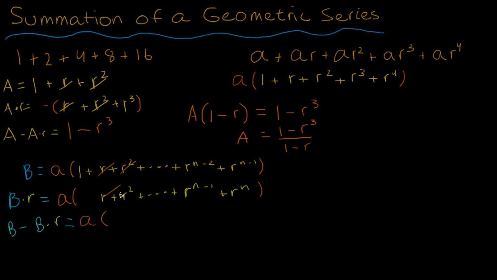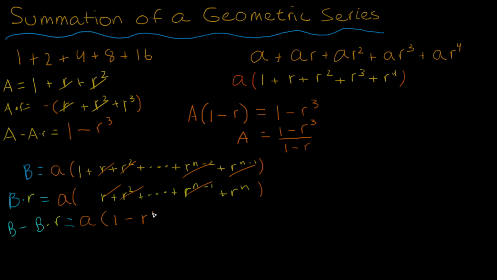All of these cancel out with these. This n minus 1 will cancel out with this n minus 1. This r to the power of n minus 2 will cancel out with another r to the power of n minus 2. And we are left with 1 minus r to the power of n, because remember we subtracted all of this, so this minus distributes to everything.